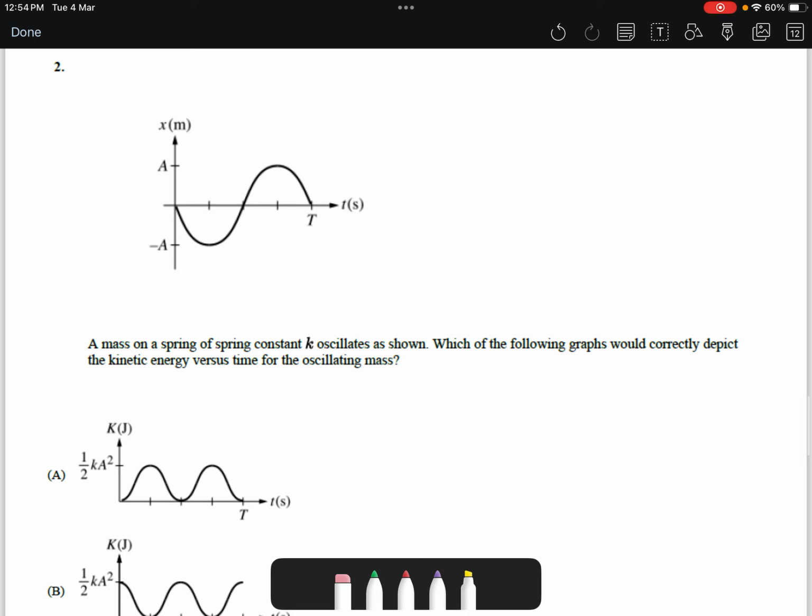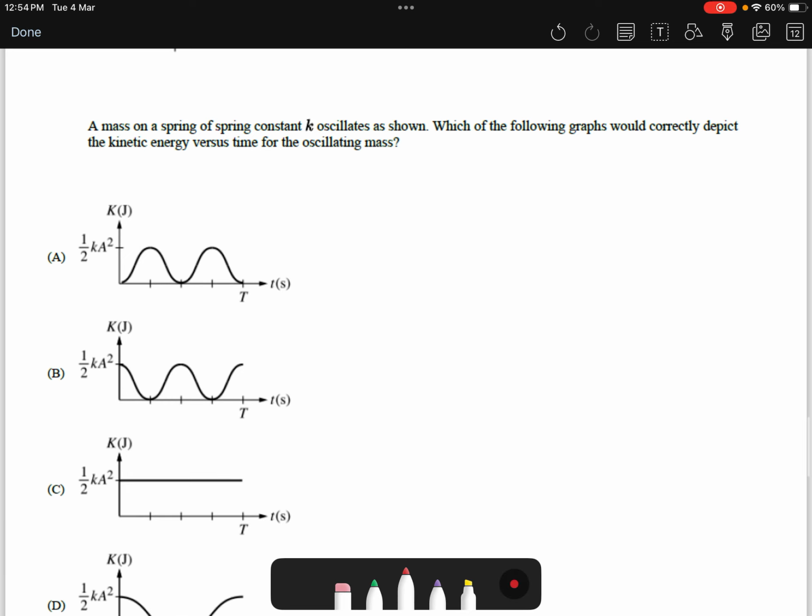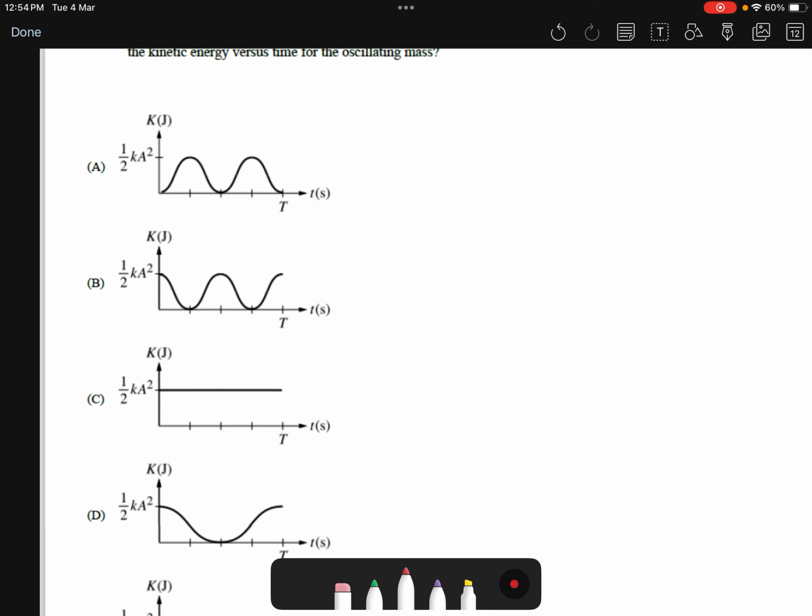Now, let's go back. Here, it starts at the equilibrium point. So it will start at the maximum. Here, this is the equilibrium, right? This is the maximum displacement. So at the origin, it would be the equilibrium point. So what is the equilibrium point? It has its maximum kinetic energy.